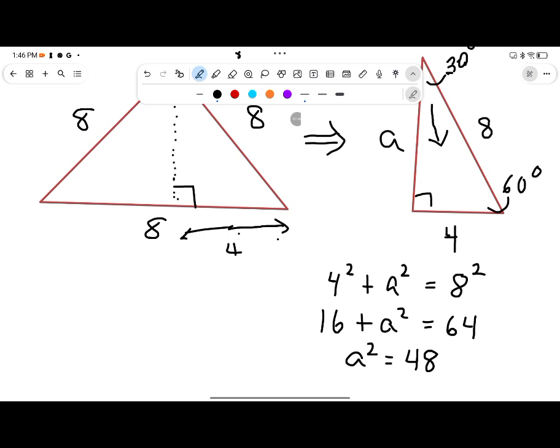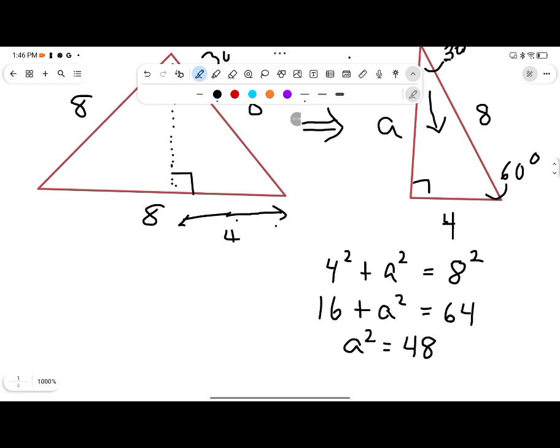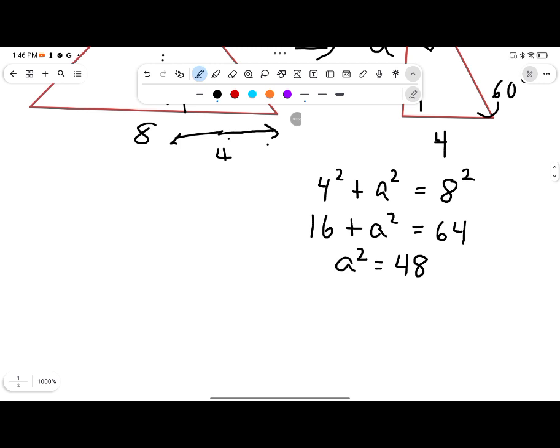And that means that, oh shoot, I clicked the wrong one. Okay, that means A is equal to plus or minus the square root of 48. Again, we're going to disregard the negative because we're talking about length.